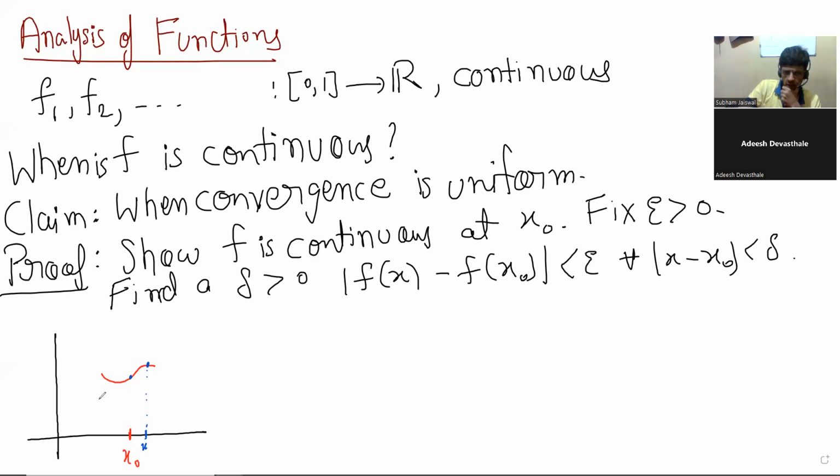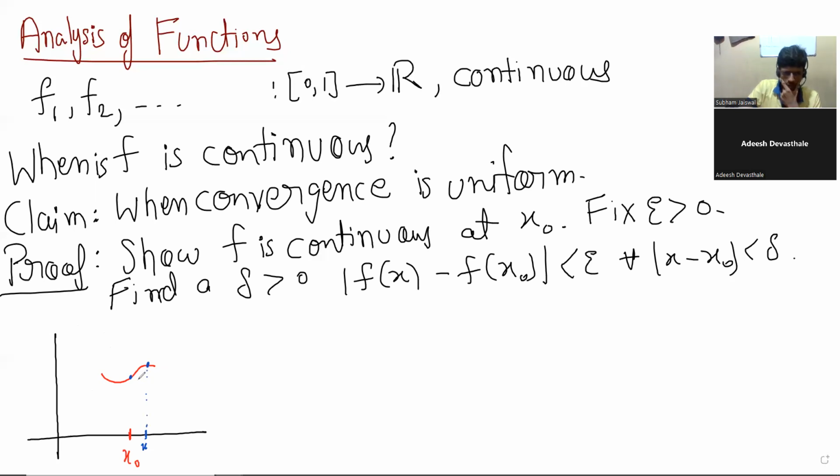Because when we consider the distance between two functions, we consider the supremum of the distance, right? Yes. But that is the vertical distance, and here also we are concerned with the vertical distance only.